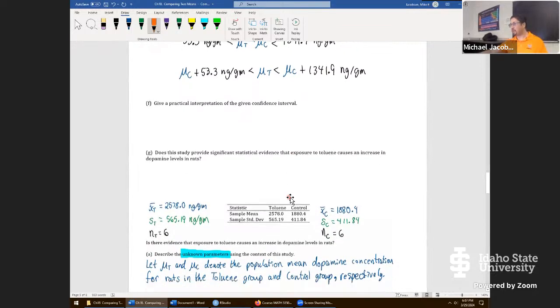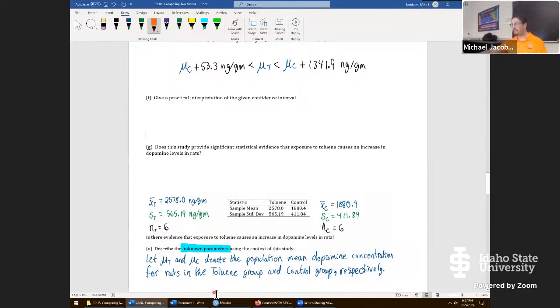Let's scroll to about this portion where we have the interval and our definitions down here in case we need them. Our interpretation could go like this. We have 95% confidence that we'll go here and just say whatever that happened to be.